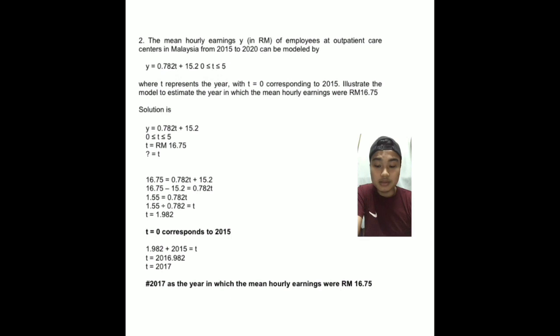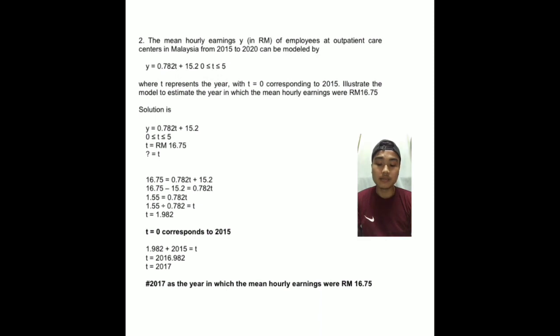Our first step is 16.75% equal to 0.782t plus 50.2, and then we bring 50.2 to the front, minus 8, with the 16.75%. So the answer of the minus is 1.55 equal to 0.782t, which still remains at the same place.